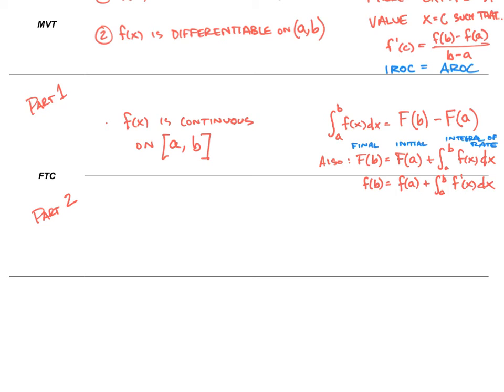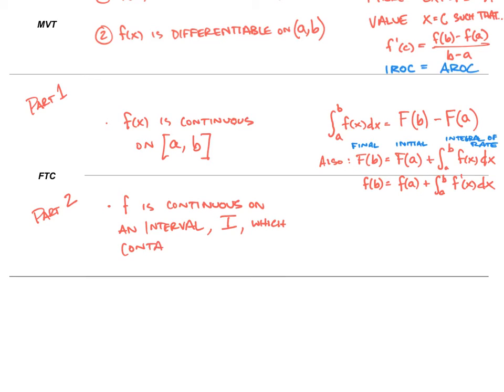FTC part two has the following condition. The function f is continuous on an interval, and I'll just call that interval I, big capital I, often used in calculus textbooks to indicate some unknown interval.